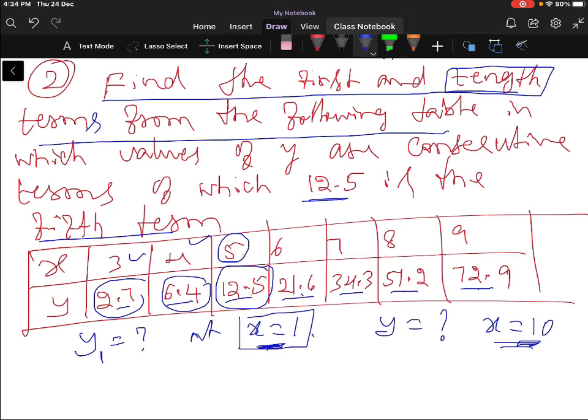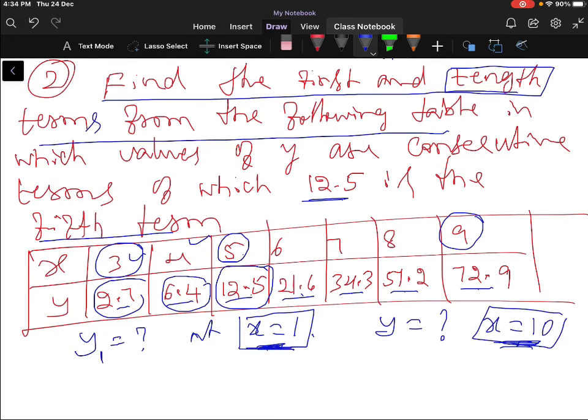To find y at x equal to 1, we have to use Newton's forward interpolation formula, because x equal to 1 is near to the beginning value of x, which is 3.